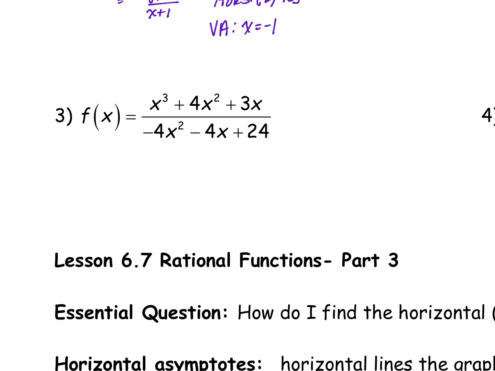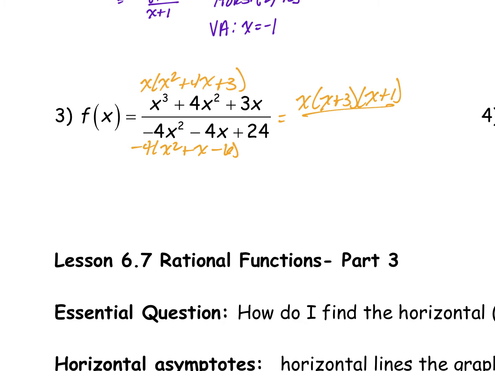Going to factor again, so I factored an x out, and I got x squared plus 4x plus 3. Factored a -4 out, and I got x squared plus x minus 6. x plus 3 times x plus 1 all over -4 times x plus 3 times x minus 2.